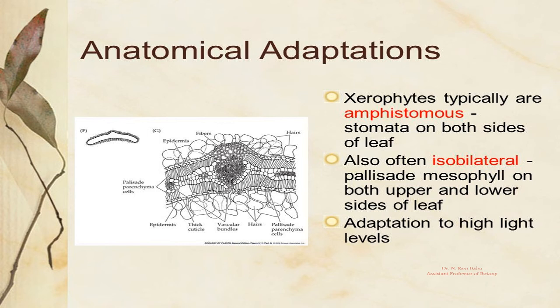While dealing with these non-succulents, if we observe the epidermal layer, we find this kind of adaptation: presence of multi-layered epidermis with heavy cuticle, to prevent water loss due to transpiration.